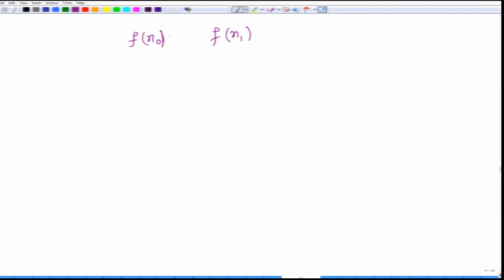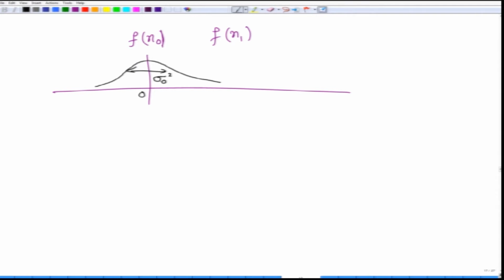And if you look at these probability density functions, we are assuming them to be Gaussian. So, if you look at a Gaussian function, this is the noise probability density function when you have transmitted bit 0. It would be situated at 0 and it will have a certain variance of sigma 0 square. Whereas, the probability density function when you have transmitted bit 1 will be situated at a mean value of R P1r.